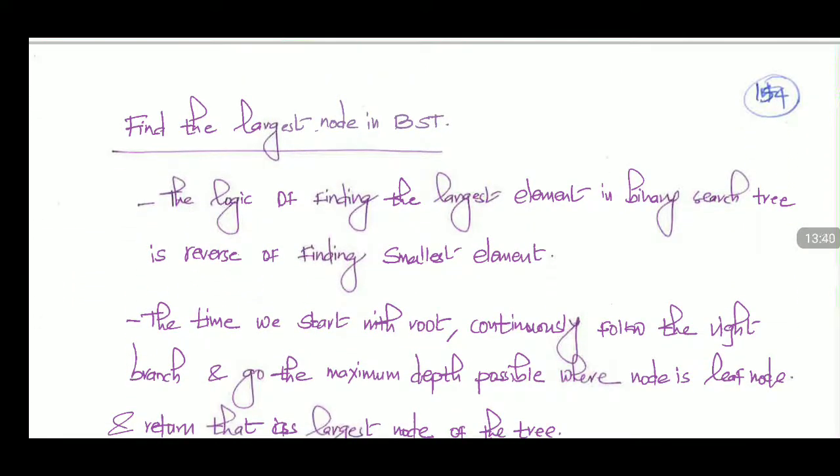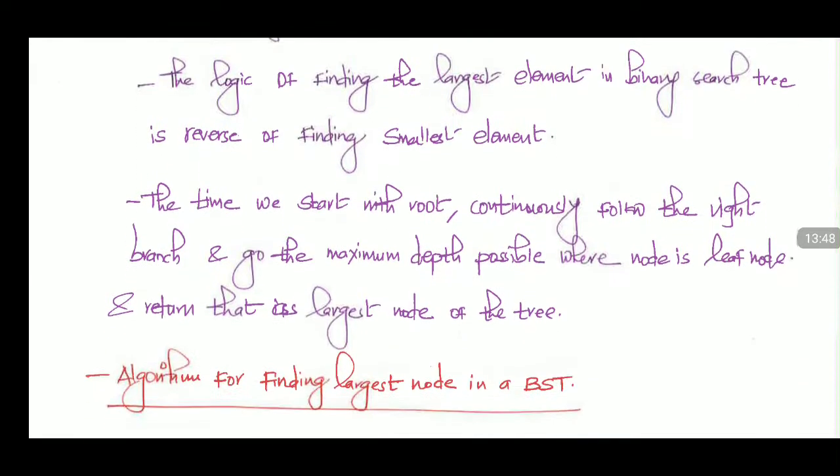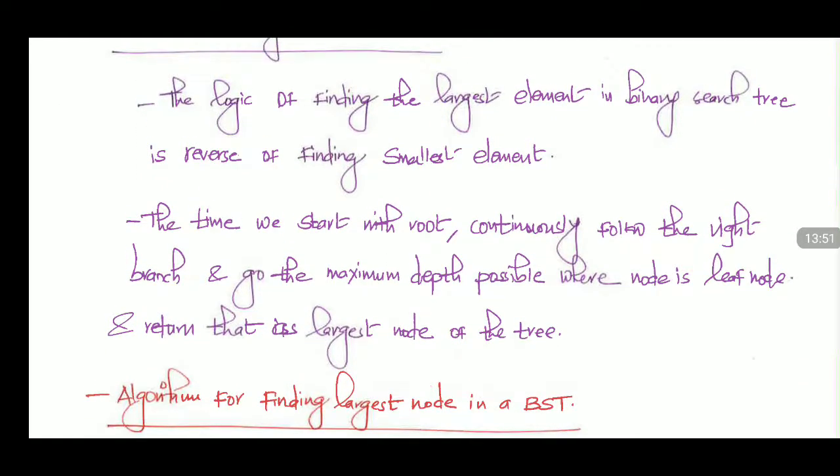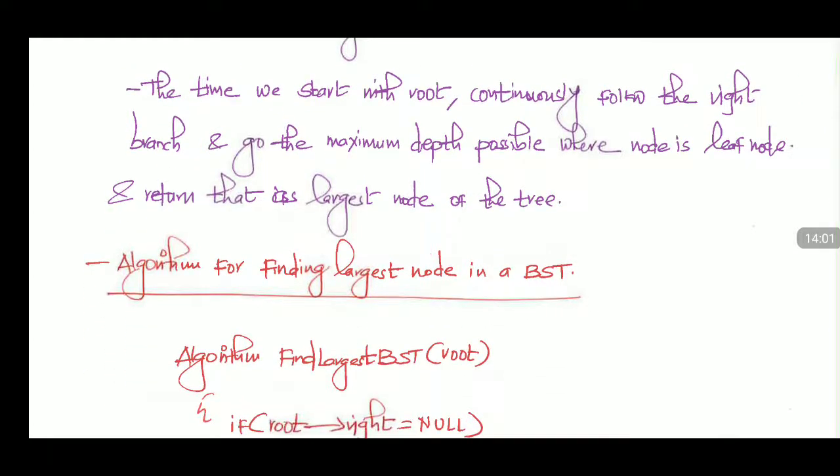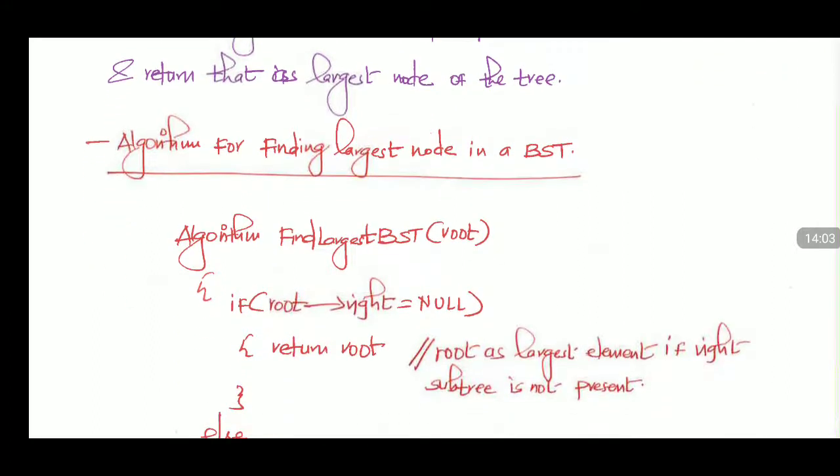Similarly, there is another algorithm, that is to find the largest element from a binary search tree. As I told earlier, to get the largest element from a binary search tree, one needs to traverse to the rightmost part of the tree. To understand this, let's think of an algorithm for finding the largest element from a BST.